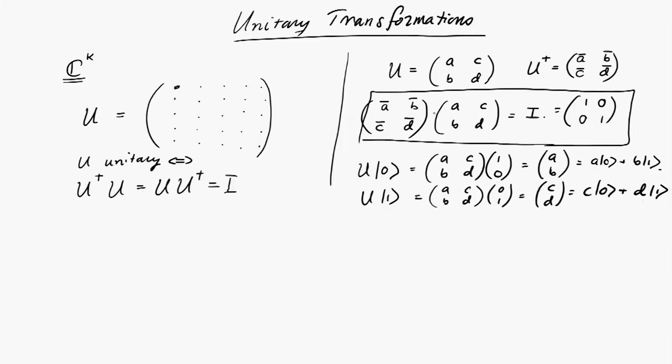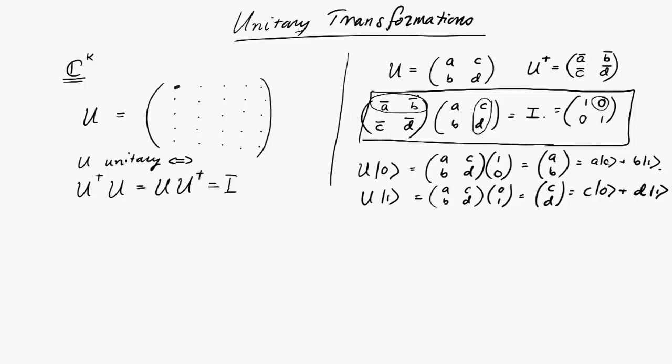Well, it would be given by, for example, this times that. This times that is the inner product between this vector A, B and C, D. But that's exactly that entry. So we know the inner product between these two vectors is 0. So they're orthogonal to each other.